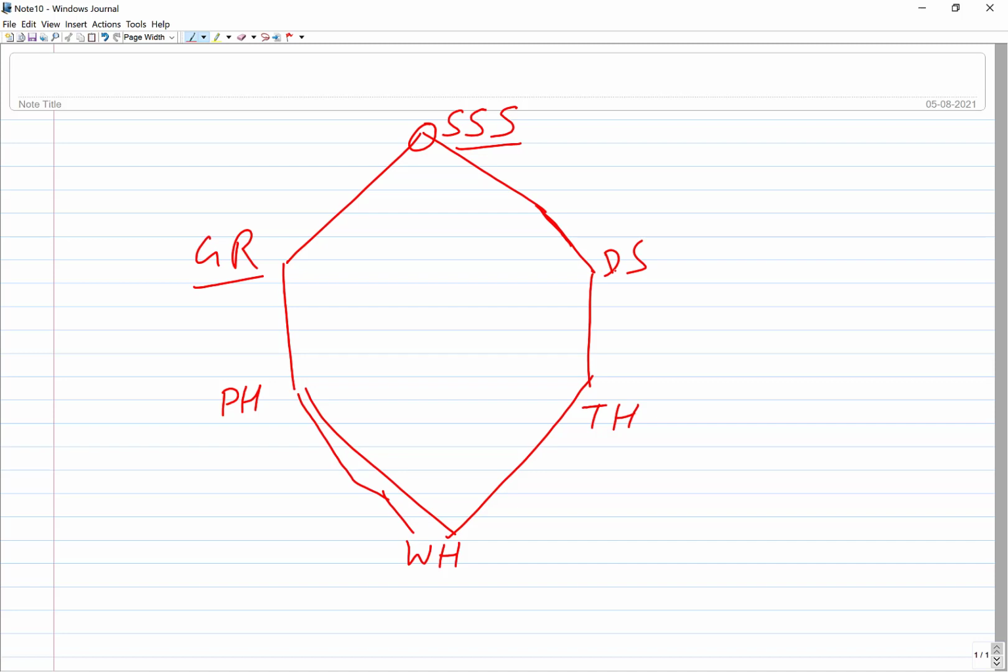So these are the six metal strengthening mechanisms. Okay, so if you see with respect to the heat which is being either supplied externally or generated internally.